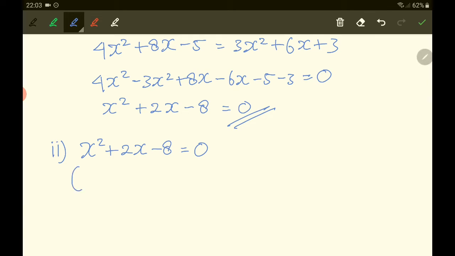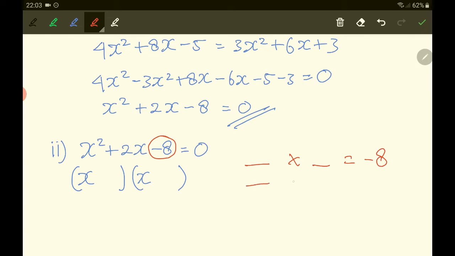We don't need to use the cross method directly. So this one must be x and this is x. So we try to find two numbers. When we multiply these two numbers, we get minus 8, and if we add, we get plus 2. So what are those two numbers?